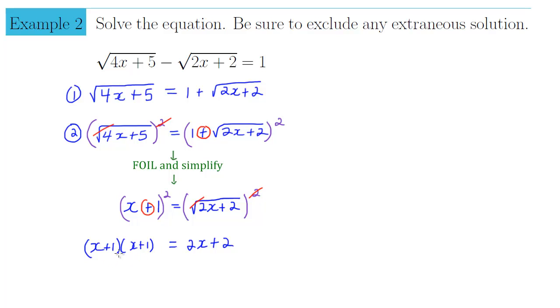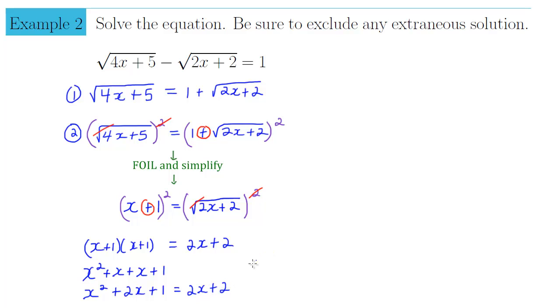Okay, but this is a little more straightforward. X plus 1 times x plus 1, if you FOIL it out, is x squared plus x plus x plus 1. And if you collect like terms, this becomes x squared plus 2x plus 1. Okay, and we still have this equals 2x plus 2.